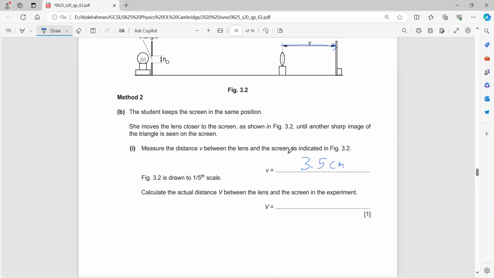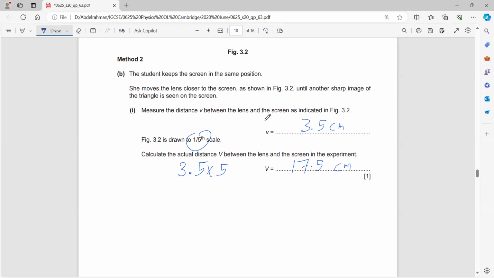We want to have all the same answer. So 3.5 centimeters. It's 1/5 the scale, so what do I do? 3.5 times 5 is 17.5 centimeters.